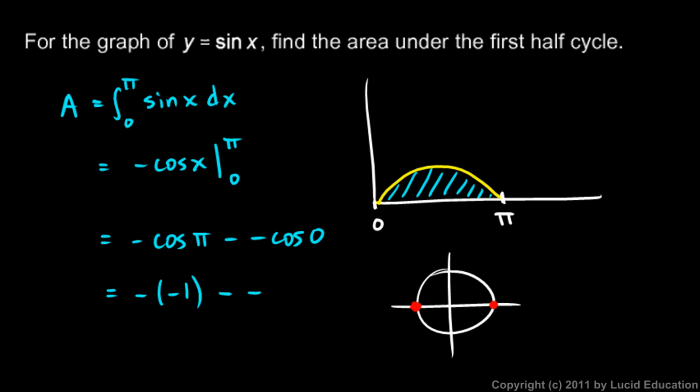And the cosine there is 1. So minus 1. So look at this. This is a positive 1 plus 1 right there. And that equals 2. How about that? The area under one piece of this curve right there is exactly 2.